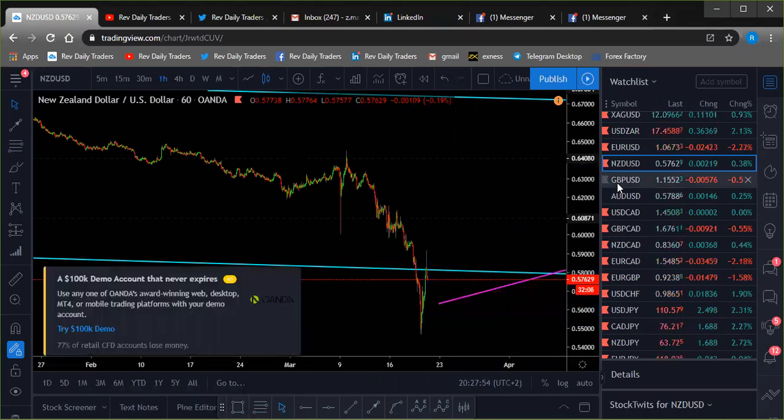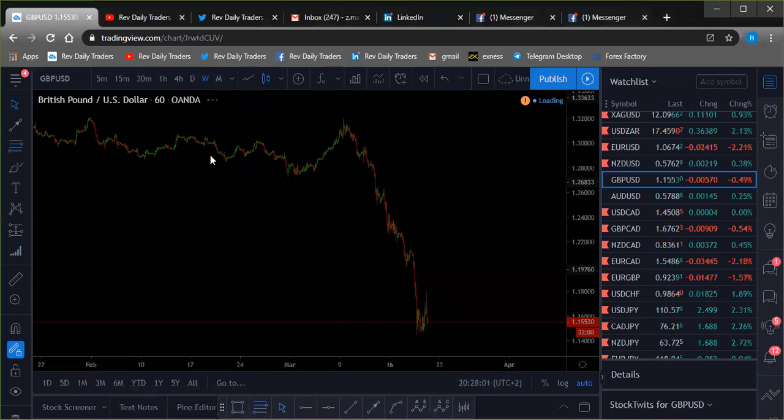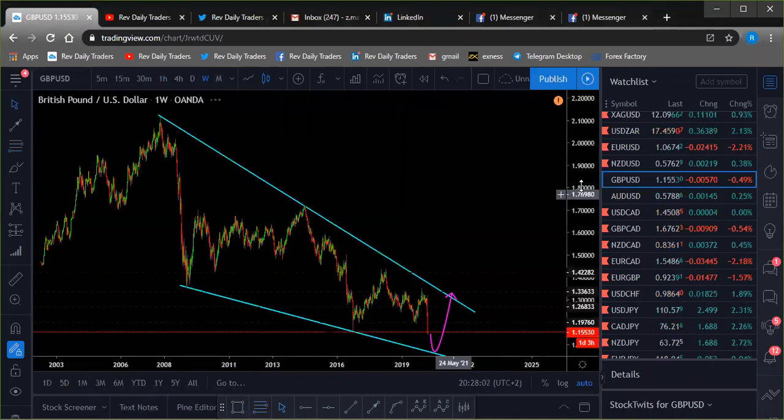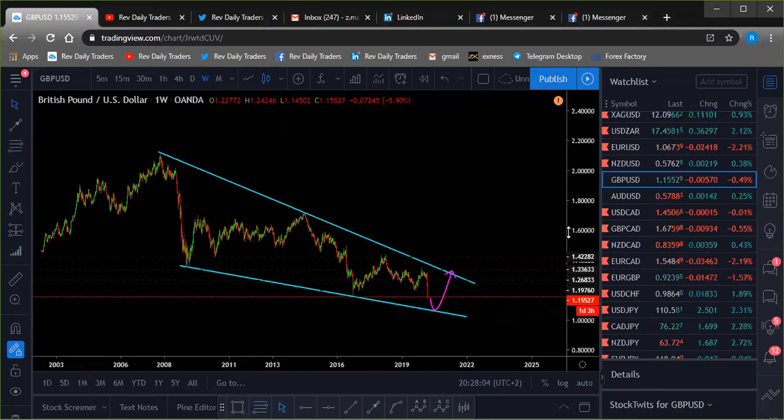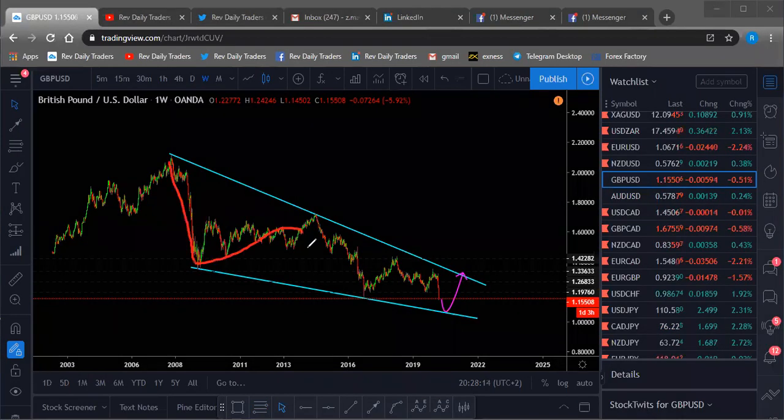Right, on GBP USD, start from monthly and see what we are expecting here. We are having this wedge formation.